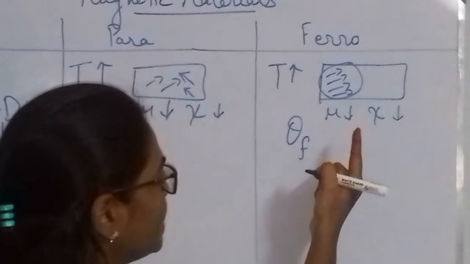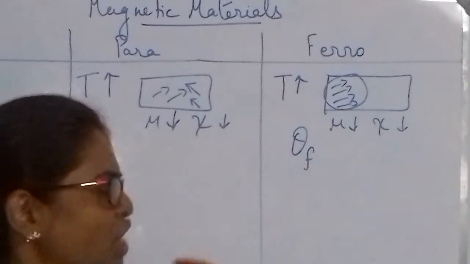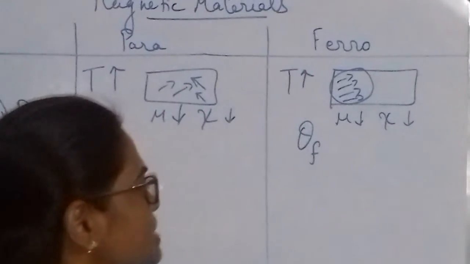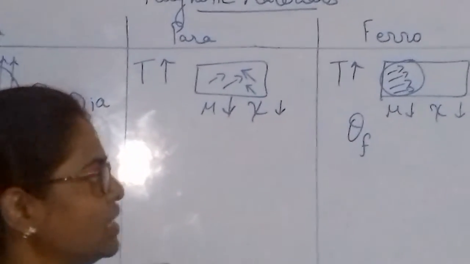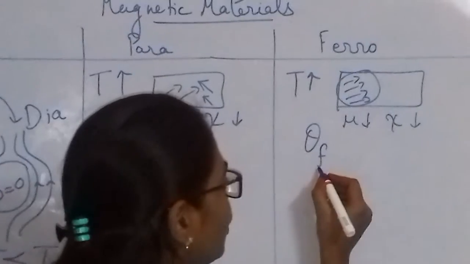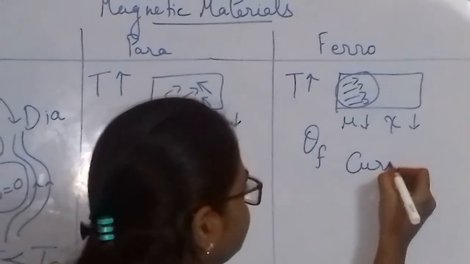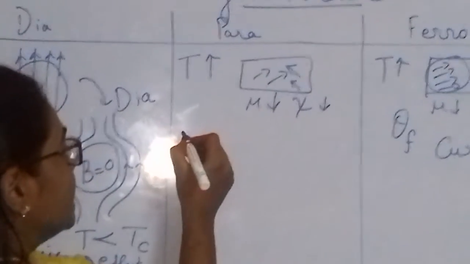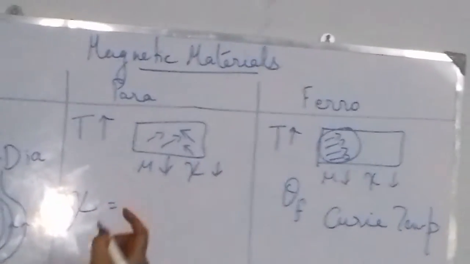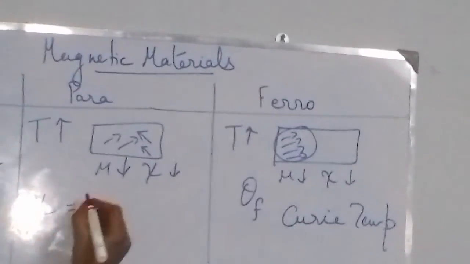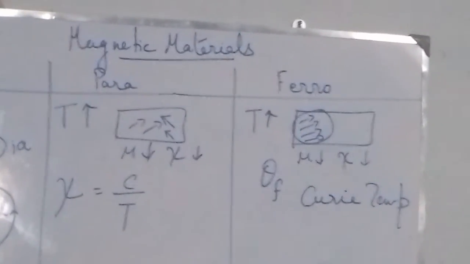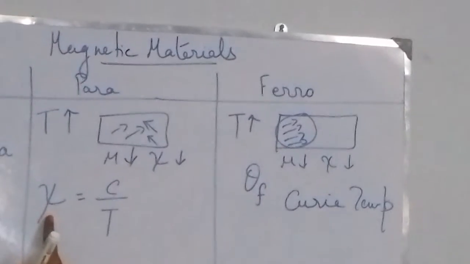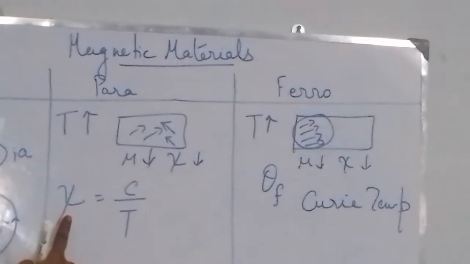And the temperature where the ferromagnetic material changes its alignment and changes to a paramagnetic material is called the ferromagnetic Curie temperature. The relationship between the susceptibility and the temperature is chi equals C by T, where C is called the Curie constant, and obviously it is inversely proportional.